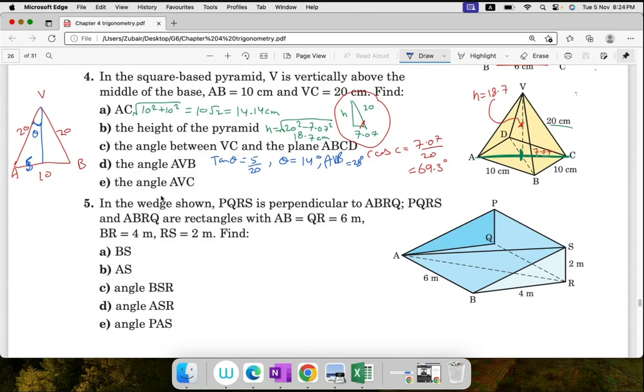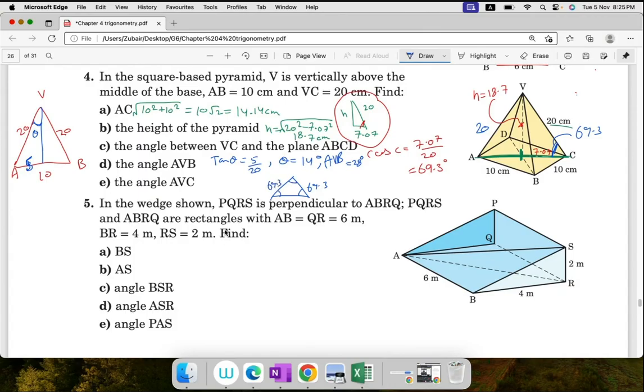E part says AVC. So same theme. This side is 20, the other side is 20, and the full length is 14 square root 2. And just a minute, we just solved one angle. That was C, this angle. We have done that already. That was 69.3. So if I just extract this, this is 69.3. The other side will be 69.3 again, similar.